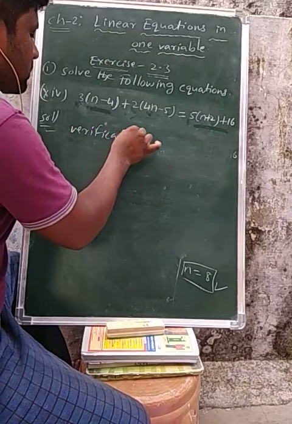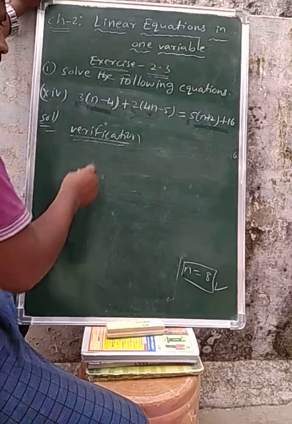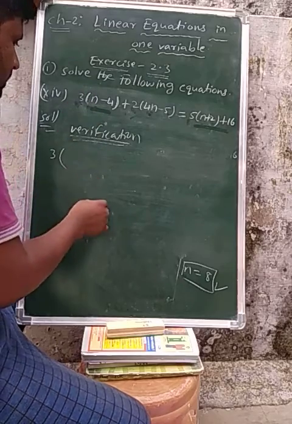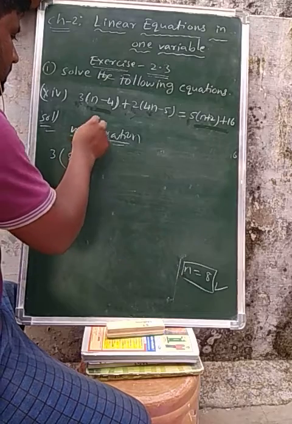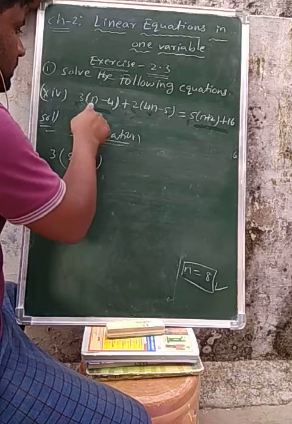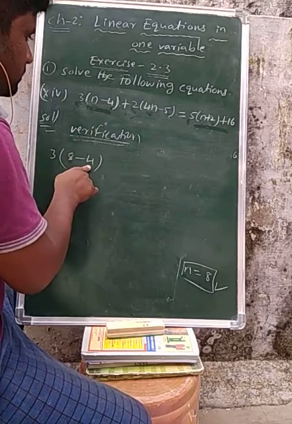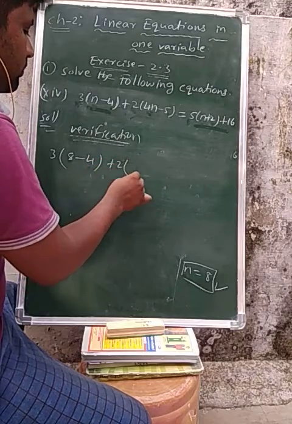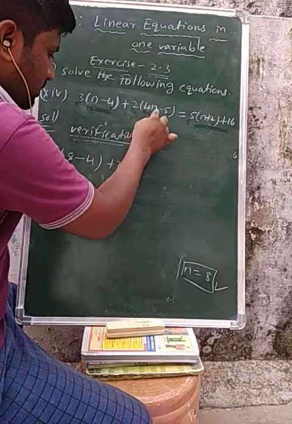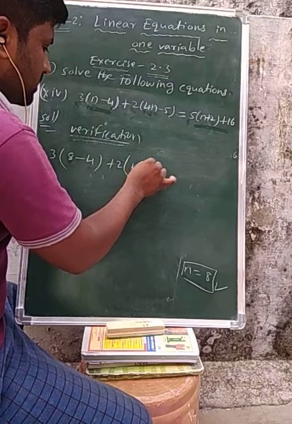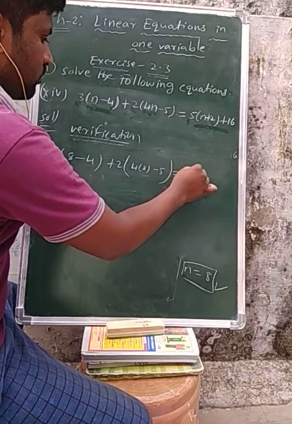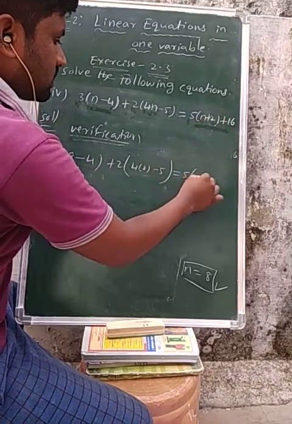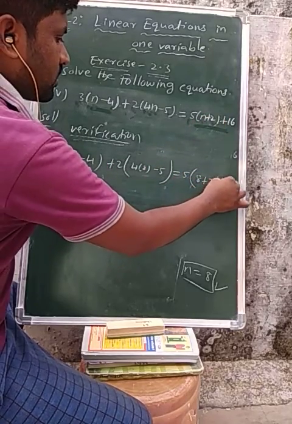Verification: 3 I am writing as it is, and in place of n I am writing 8. So 3 of (8 minus 4) plus 2 of (4 of 8 minus 5) is equal to 5 of (8 plus 2) plus 16.